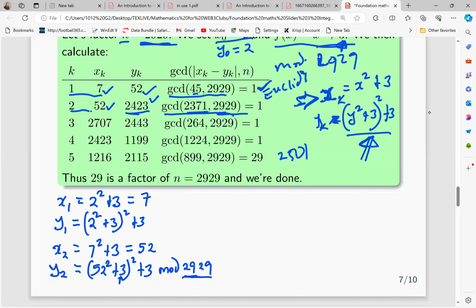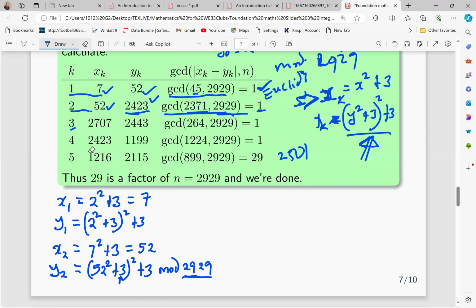You will also be having a program for that, Euclid's algorithm for doing the GCD. And you get 1. Once you get 1, it means proceed and find X3 and Y3.